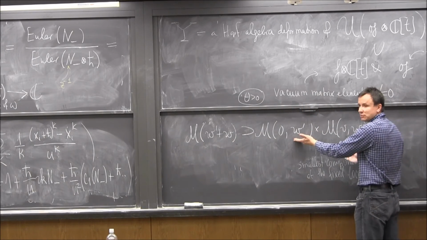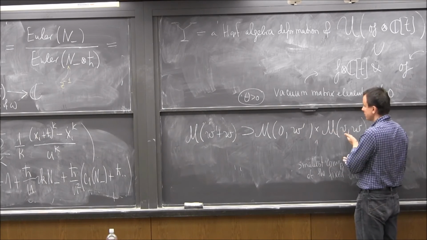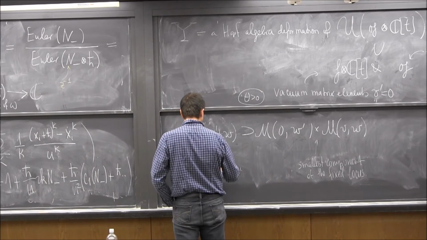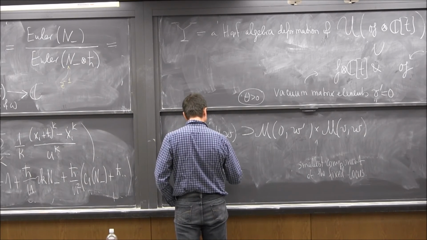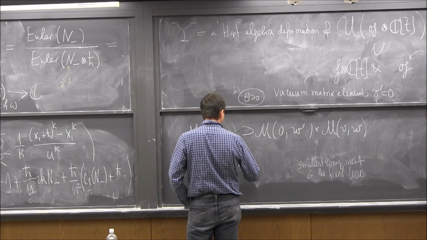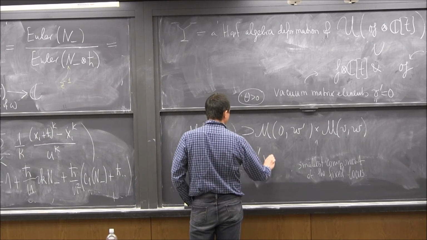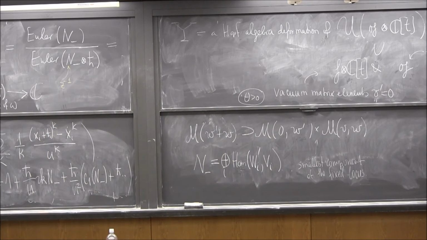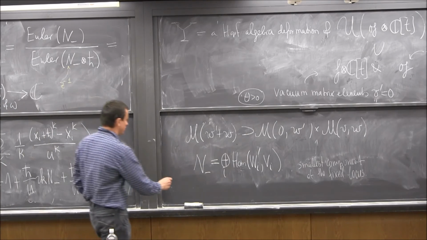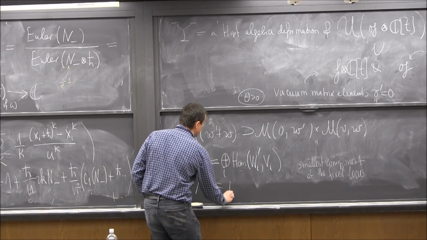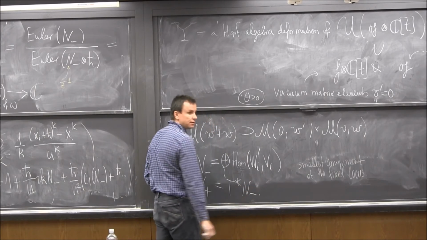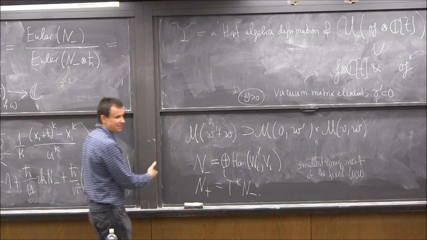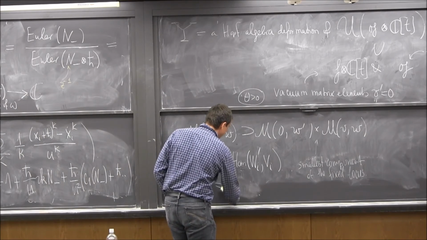All you do is a trivial framing shift. And so the normal bundle is just the Hom. So n minus is just a direct sum of Homs from this W prime i to the i. And then n plus the other way. So n plus is this. Yeah, sorry, not the good notation, the other way.